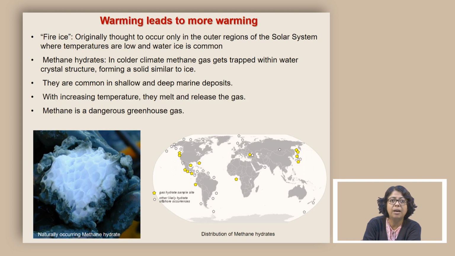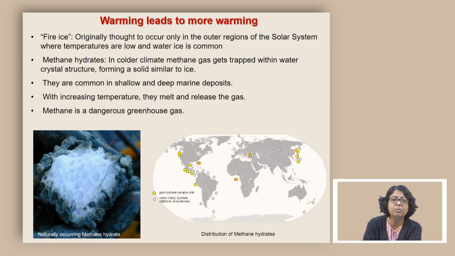These are methane hydrates. In colder climate, methane gas gets trapped within the water crystal structure and forms a solid which looks similar to ice, but it is actually methane and therefore it can catch fire, and they are common in shallow and deep marine deposits. They have been identified in different parts of the earth, and with increasing temperature they melt and release the gas.